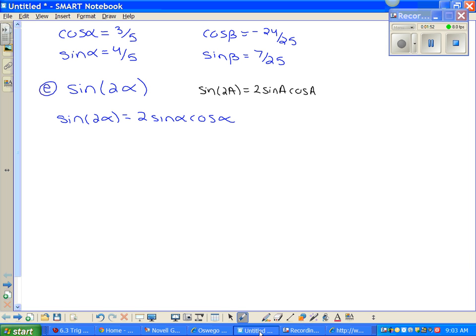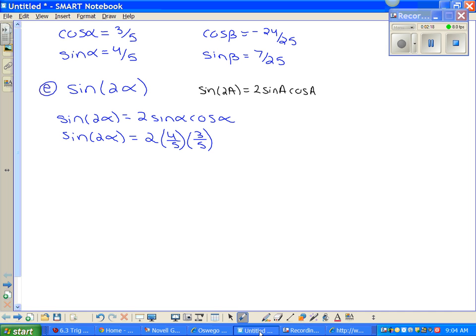Okay. Do we know what sine of alpha is equal to? 4/5, right. So I'm going to replace all of that sine alpha with 4/5. Remember this from yesterday? Okay. What about cosine alpha? Good. Replace it with 3/5.